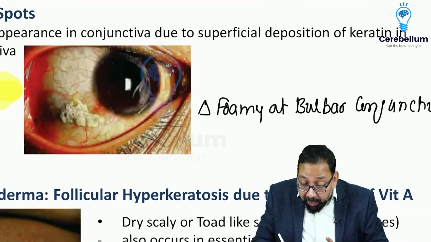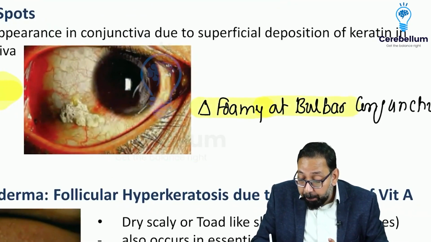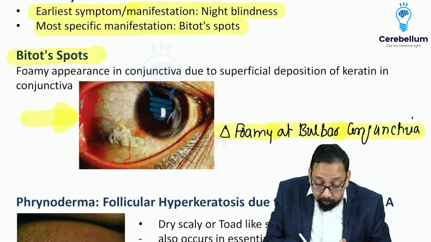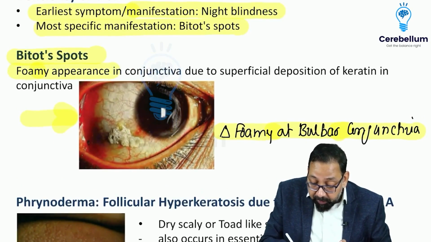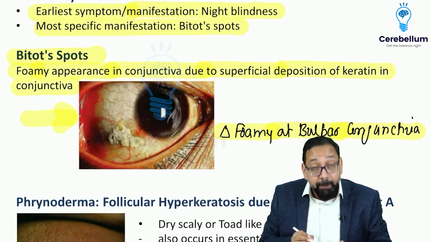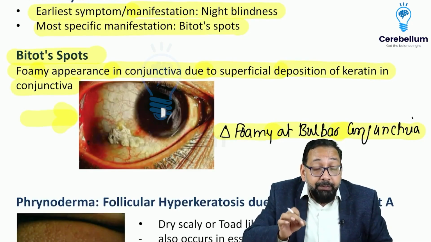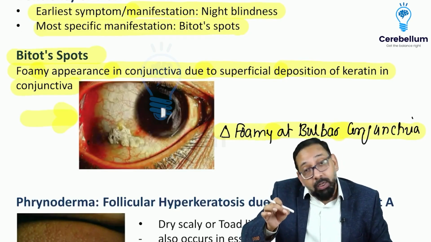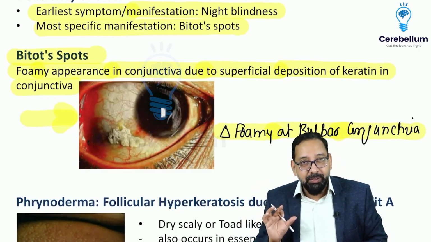There is a triangular foamy lesion at bulbar conjunctiva. So, Bitot spot is a triangular foamy appearance in bulbar conjunctiva due to superficial deposition of keratin in conjunctiva. So, in vitamin A deficiency, you will find xerophthalmia, night blindness, Bitot spot. Answer is vitamin A deficiency.